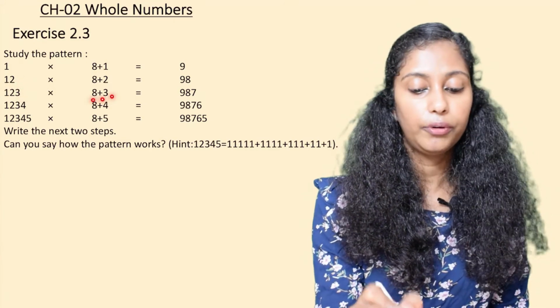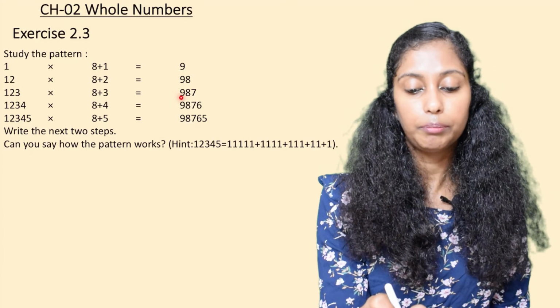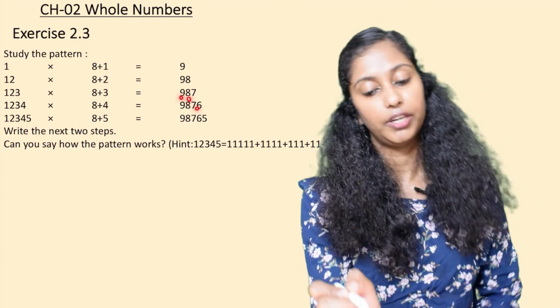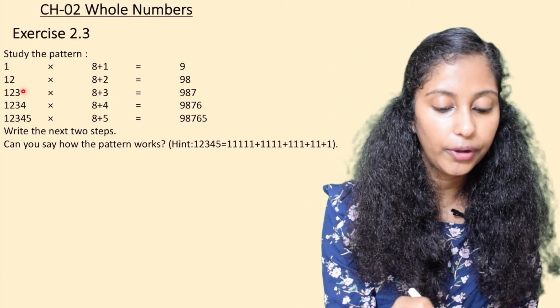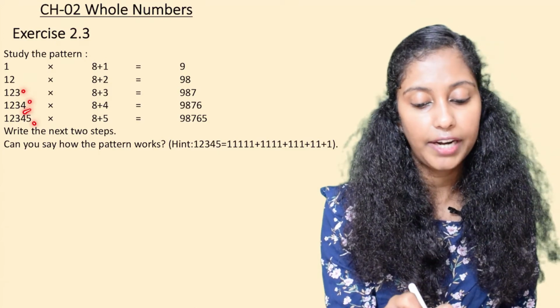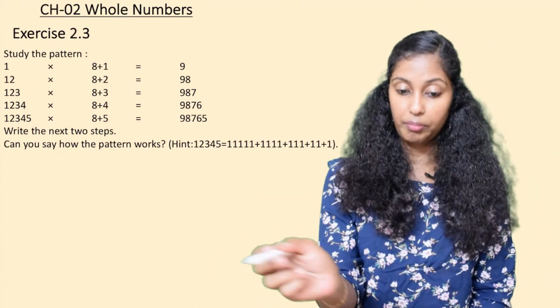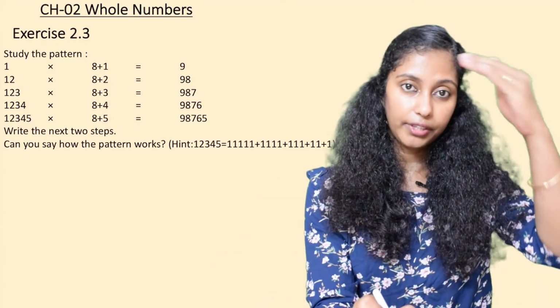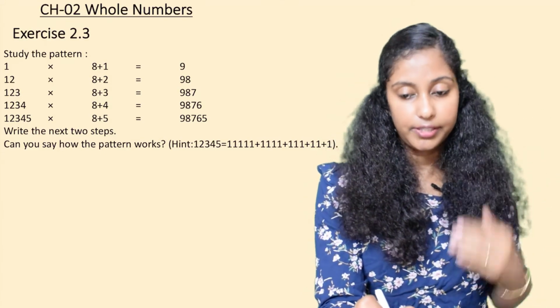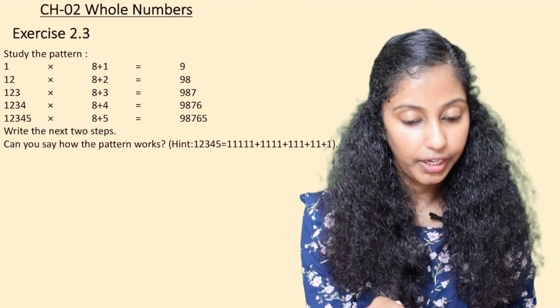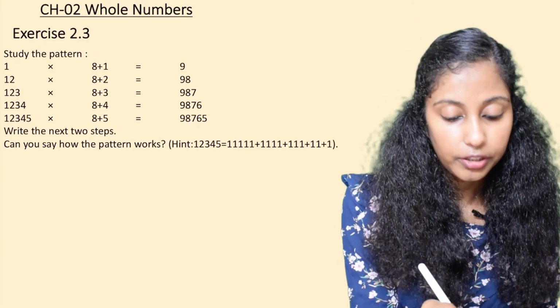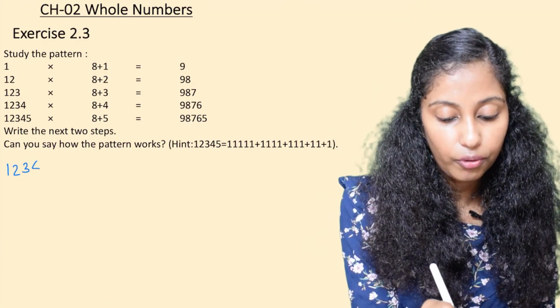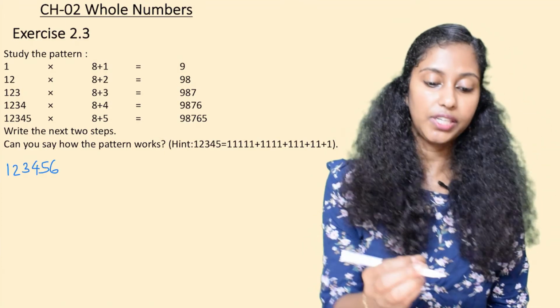Then 12 became 3, we wrote the successor of 2. Then here 8 plus 3 we wrote, and here we wrote again 9, then predecessor 8, again predecessor 7. So here we see as the numbers are going on and on adding here, whichever number we are adding here we are writing after plus the same number, and here one after the other we are writing the predecessors. So now if the next two steps are to be written, so 12345 becomes 123456.